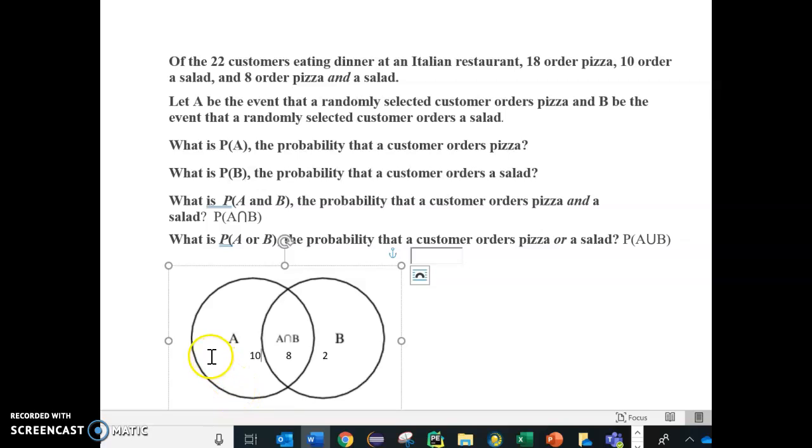So we actually have 10 who ordered just pizza, 8 who ordered both, and 2 who ordered just salad, for a total of 20 people. So 20 out of 22, or 10 out of 11, which would be 91%. So 91% would be people who ordered either pizza or a salad, or both.